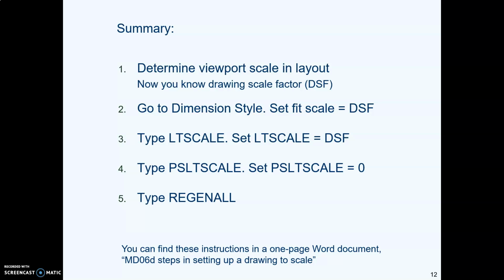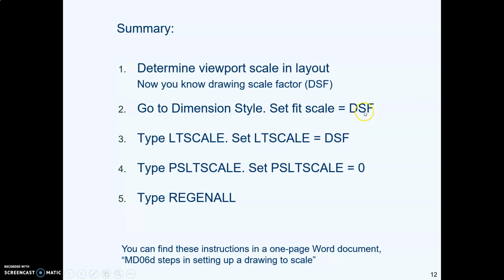So here's a summary of what you do to get stuff set up at the right scale in your drawing. You go to your paper space and you set your viewport scale. 1 to 1, 1 to 2, whatever. Let's say it's 1 to 2 in a drawing. Then you go to dimension style, which we won't look at today, but we'll look at next time.